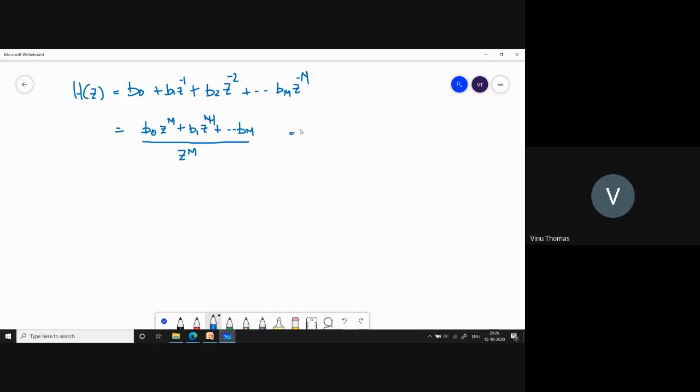This is a representation in the form N of z by D of z, where N of z is the numerator polynomial and D of z is the denominator polynomial. Now, someone has to tell me how to check the stability of the system.